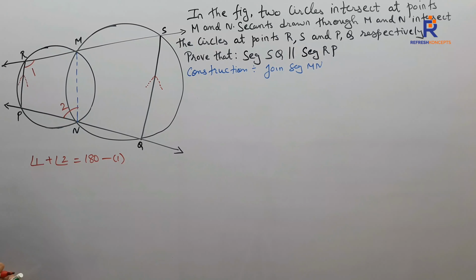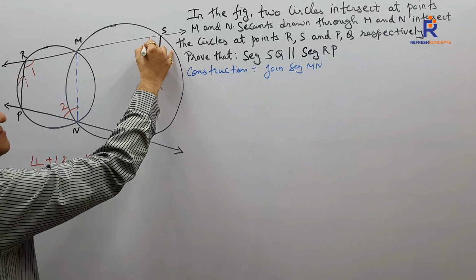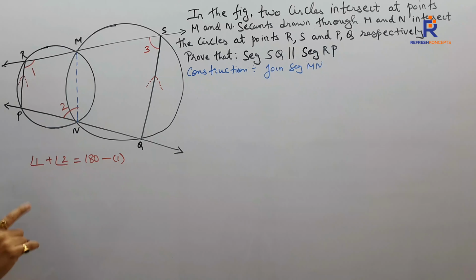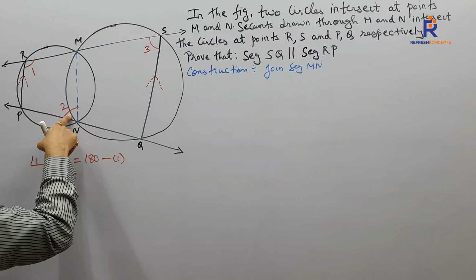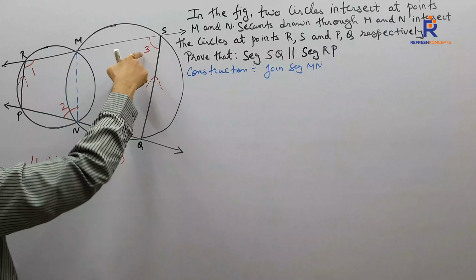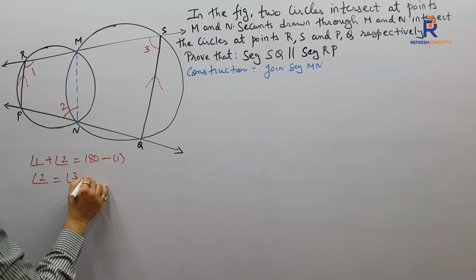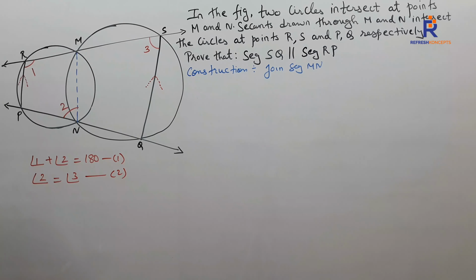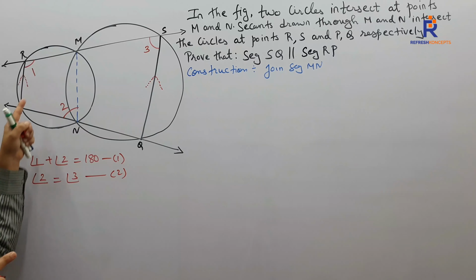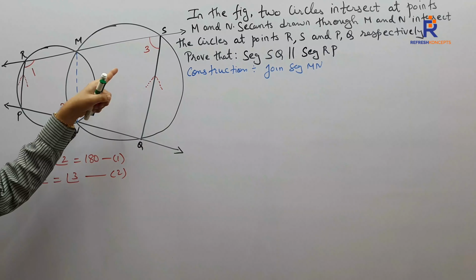What was the exterior angle property for a cyclic quadrilateral? The exterior angle is equal to the angle opposite to its adjacent interior angle. So angle 2 is congruent to angle 3. So shall I say angle 2 is equal to angle 3? Equation number 2. Skeletal, mind you. First for the smaller circle, 1 plus 2. Then for the larger circle, 2 congruent to 3.